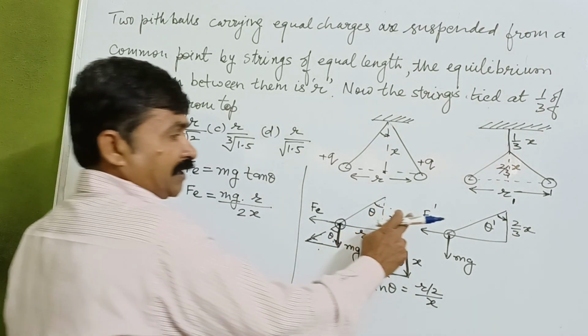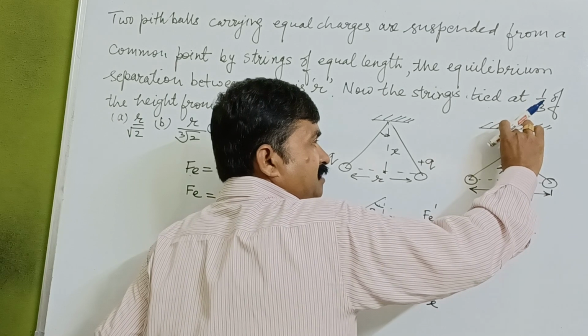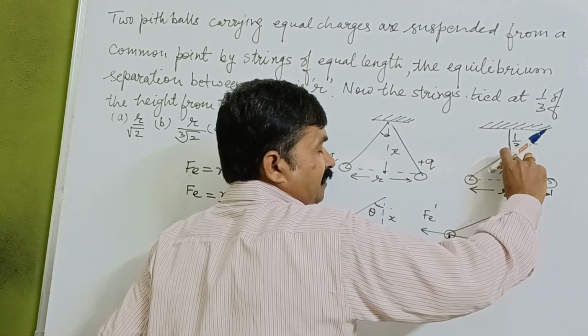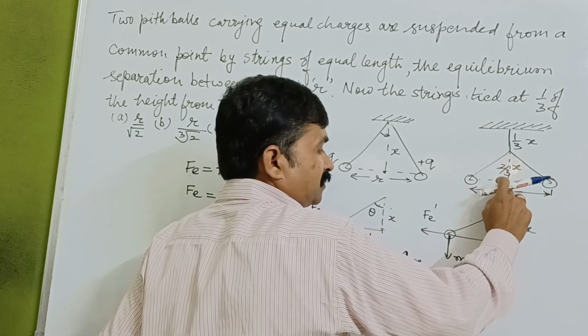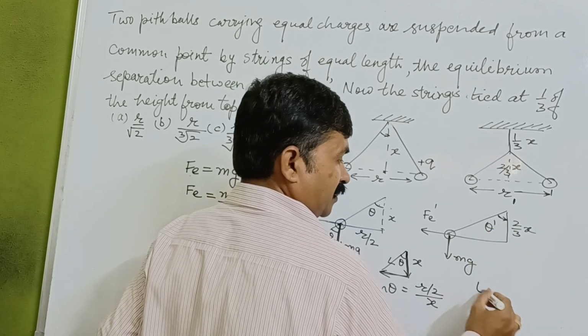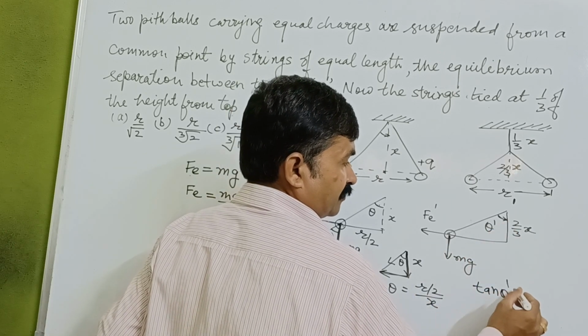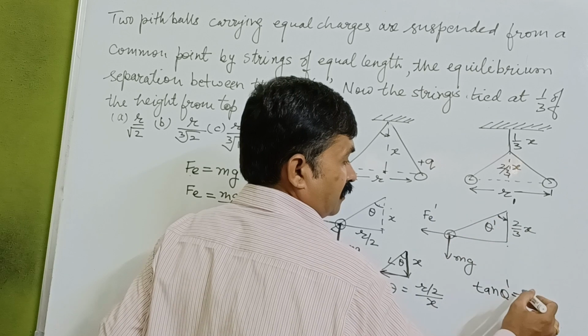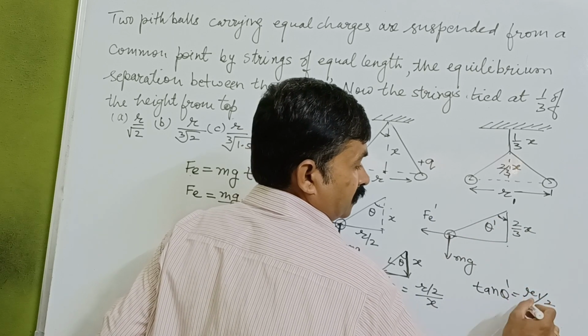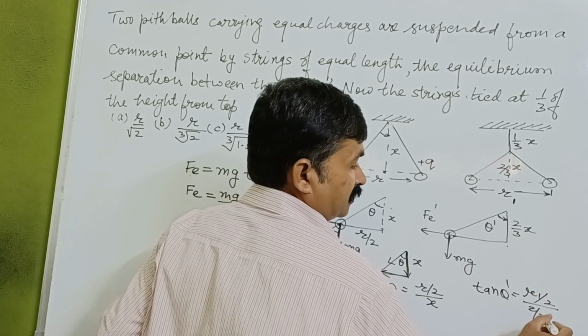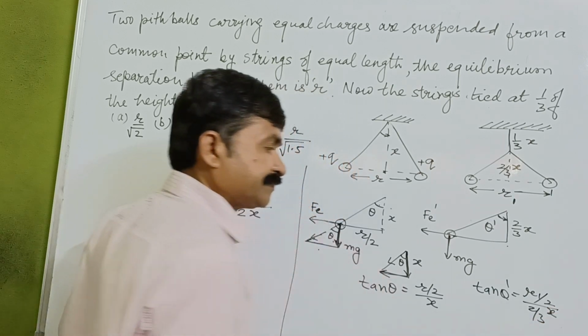Now it is tied with this, again the distance has changed, now 2 upon 3 x. Here we are assuming tan theta dash, which will be given by this distance r1 upon 2, and this is 2 upon 3 into x.